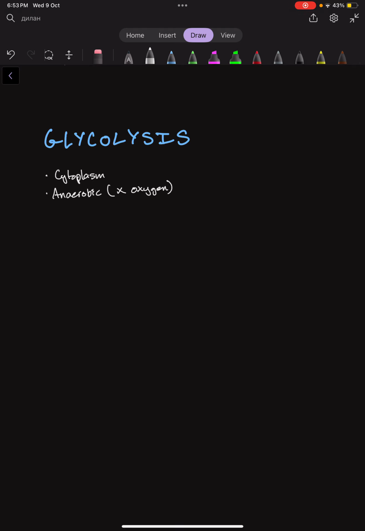Okay, so glycolysis, you start with your glucose molecule, which is obviously 6 carbon, 1, 2, 3, 4, 5, 6. That glucose molecule gets phosphorylated, which involves 2 ATP to 2 ADP.